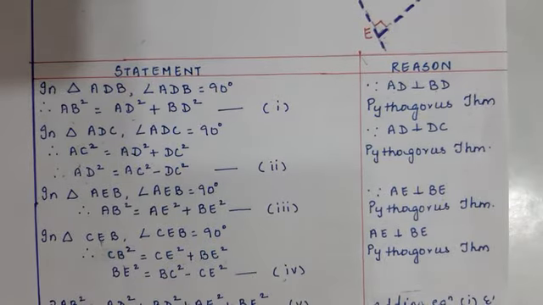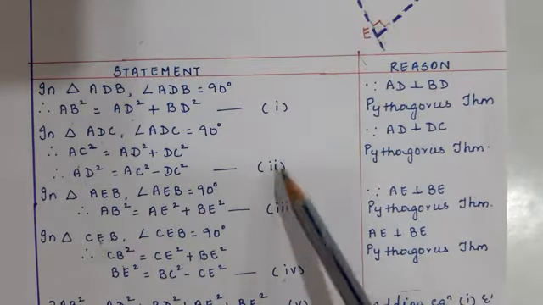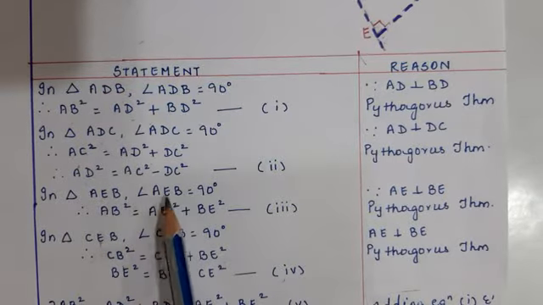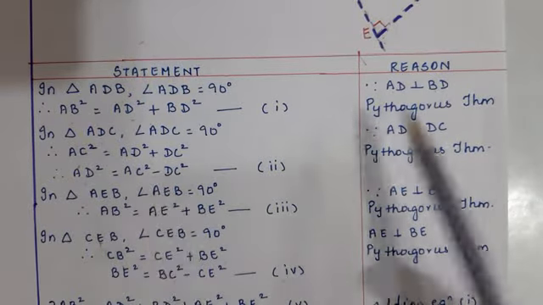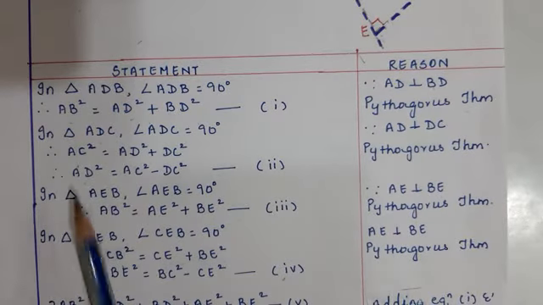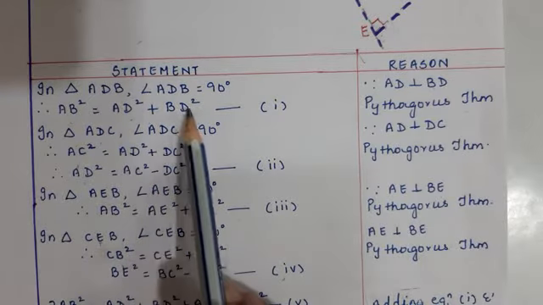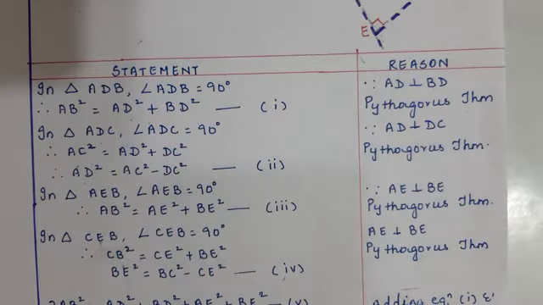Now what we can do is add equations 1 and 3 and let's see what we get. AB square plus AB square is 2AB square is equal to AD square plus BD square plus AE square plus BE square.